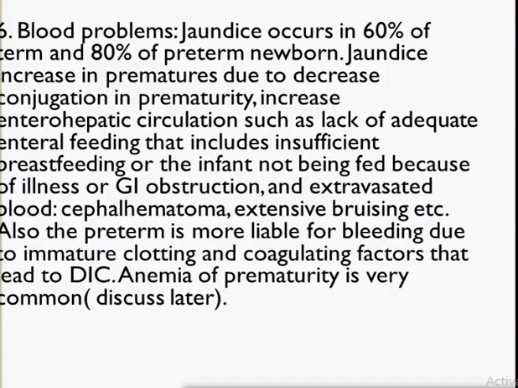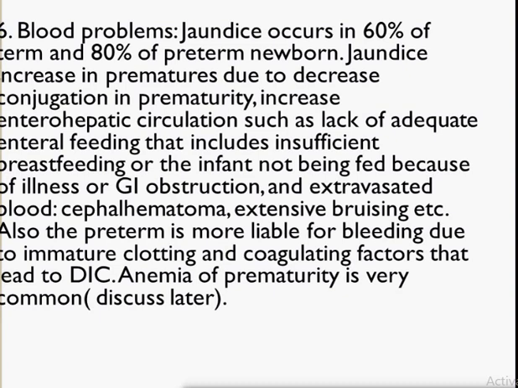Blood problem. Jaundice occur in 60% of full term, 80% in preterm. Jaundice increase in premature طبعا أكيد due to the decreased conjugation in the prematurity. طبعا liver enzyme is not functioning well, increase enterohepatic circulation, and such as lack of adequate enteral feeding. ماكو enteral feeding يلا يعني يسوي لنا stimulation to the enterohepatic circulation.